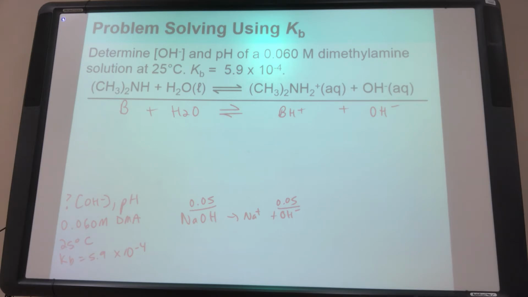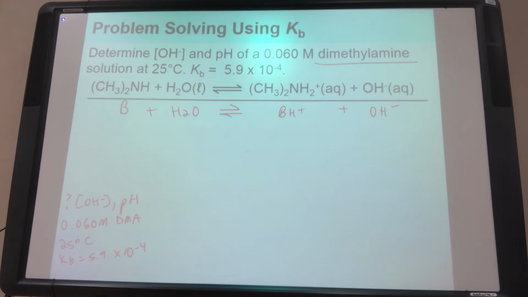But I can only do that because this guy is strong. Same thing we just talked about with the acids. So to figure out if I can do my short, fast way with this guy, I have to know what dimethylamine is. Just like I said in the last lecture, go to your chart and see if he's in there. If you go to your chart, you're going to see that dimethylamine is not one of the ones in your chart.